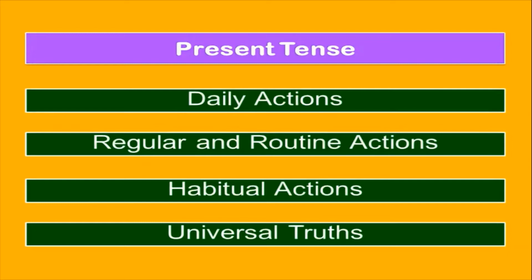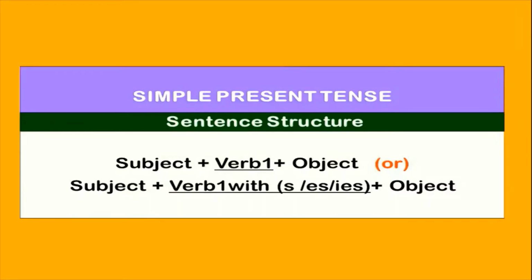Now, I want to show you when we should use the present tense. We should use the present tense if we have daily actions, regular and routine actions, habitual actions, and universal truths. When I say universal truths, I mean facts. Here we have the sentence structure for the simple present tense.